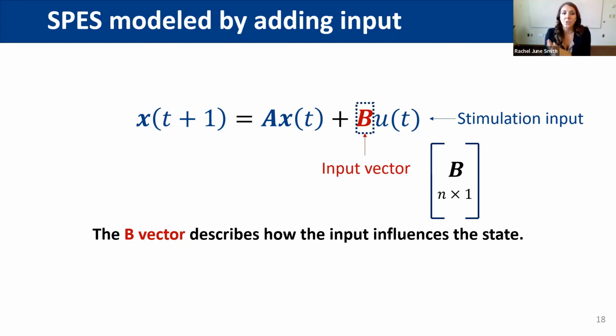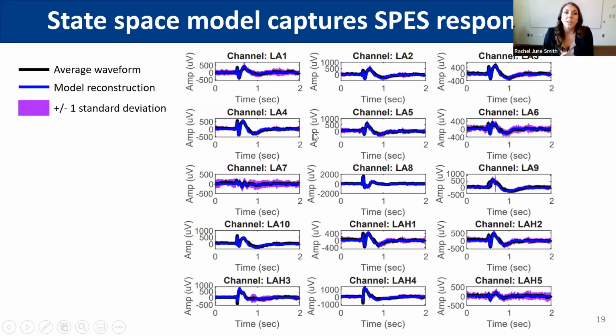Basically B describes how that input is going to affect our state, remember our state being x of t, right? So when U changes, B helps us describe how x of t is going to change. And so what's interesting is we can ask, how well does this capture SPES responses? This is just some representative examples of one model capturing several different channel responses.